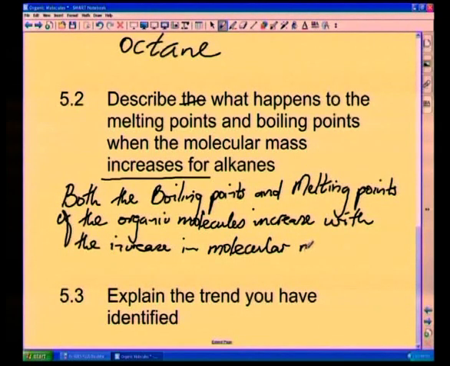So when the molecular mass of an organic molecule increases, the boiling point and the melting point of those molecules increase as well.